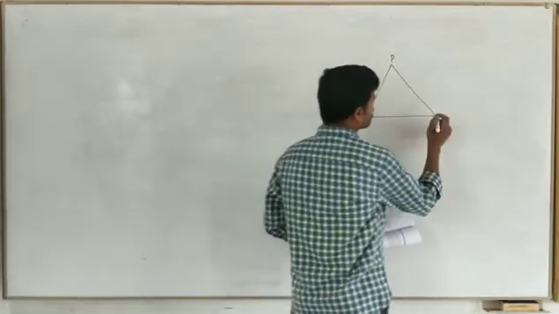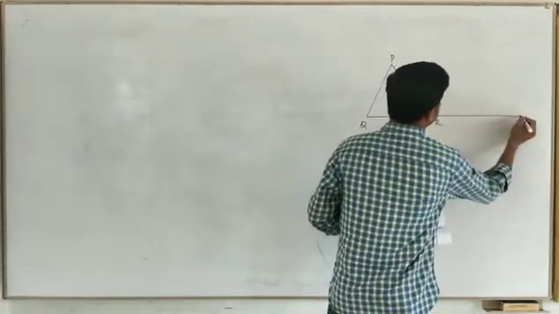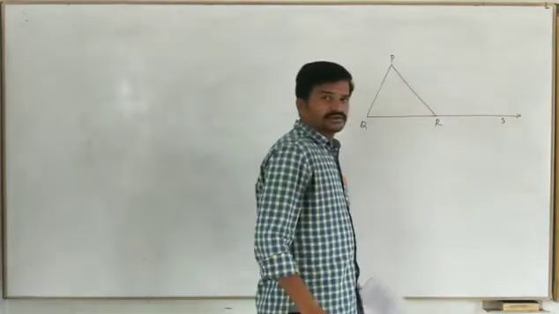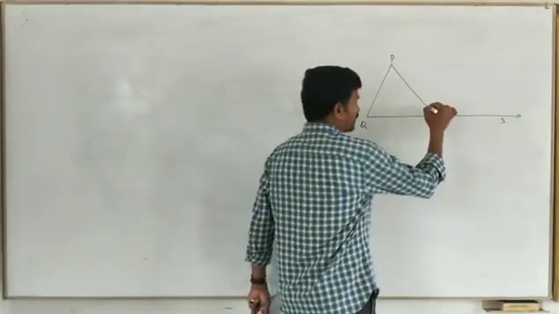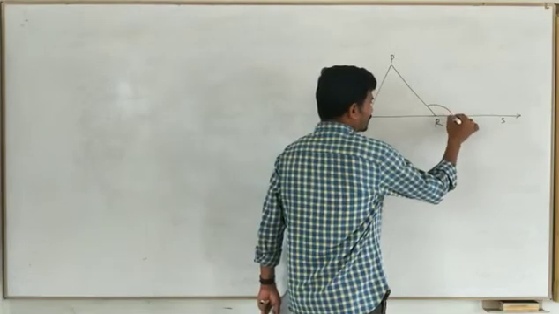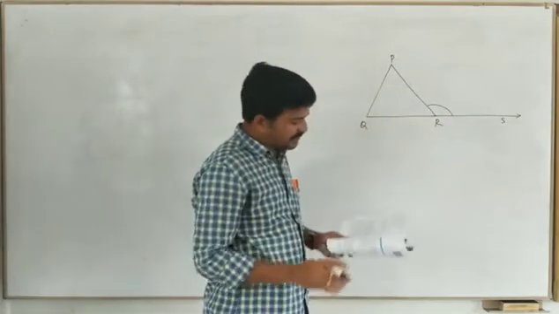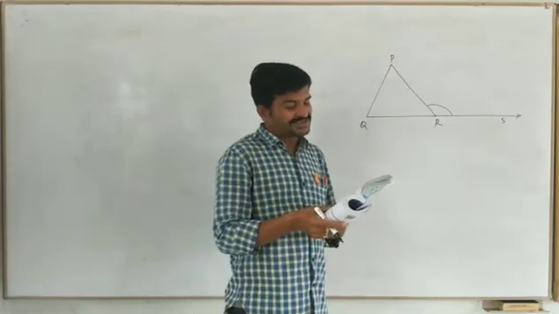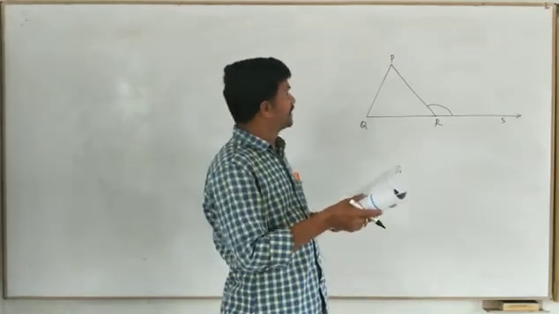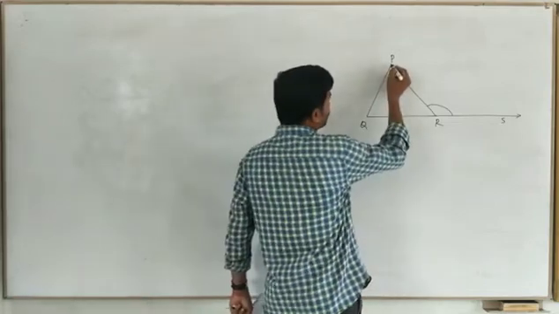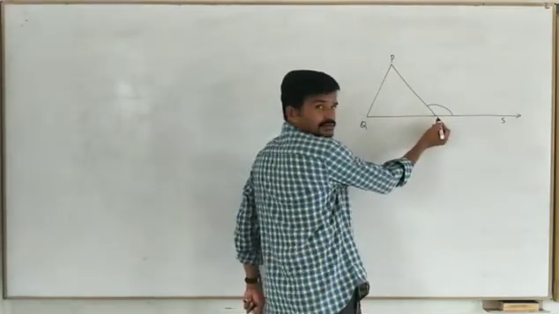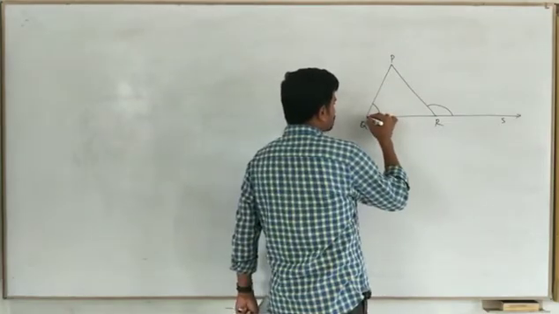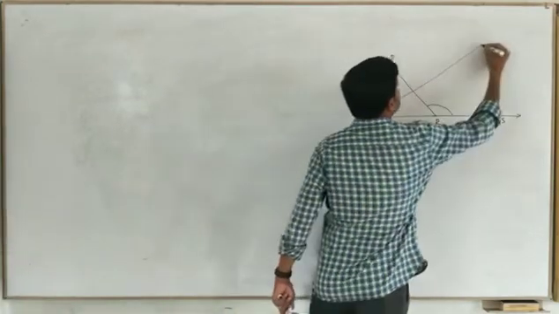This QR side is produced like this, up to somewhere it is S, you can take. Are you clear? Then one exterior angle is forming or not? Yes, sir. Okay. And one more thing also has been drawn. What is that? The bisectors of PQR and PRS. PQR, this is the angle. For this, he has drawn one bisector like this.